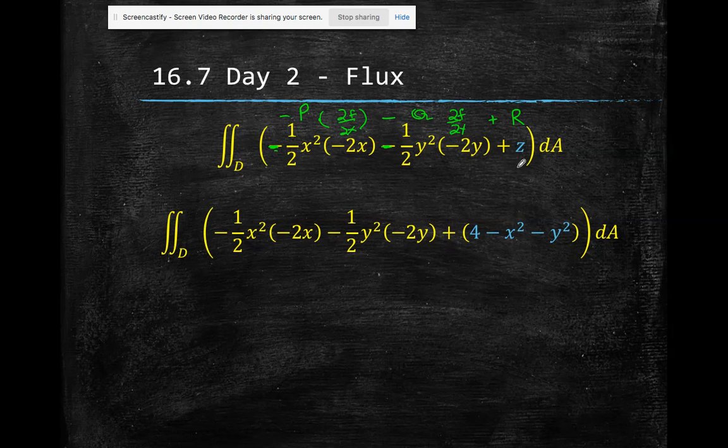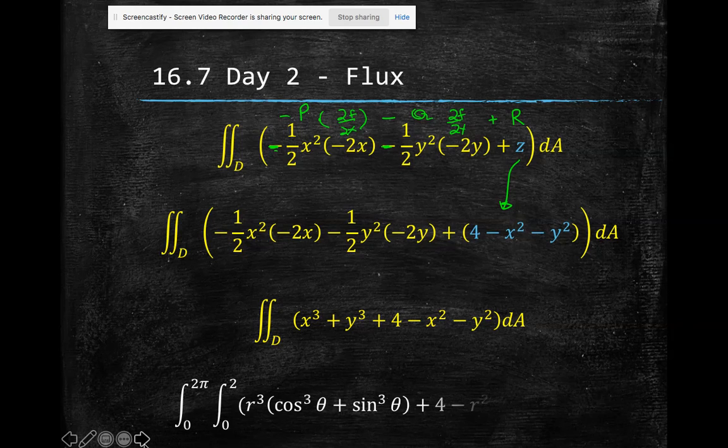Simplify stuff up, make sure to replace your Z. And notice I ended up at the same place. And again, I would have thought polars. And I get the same integrand with the same result, of course.